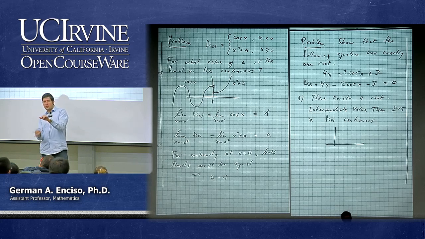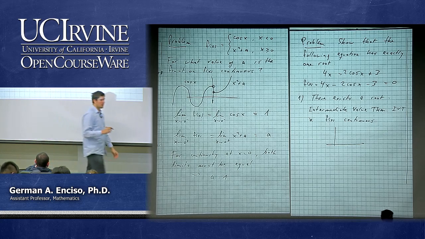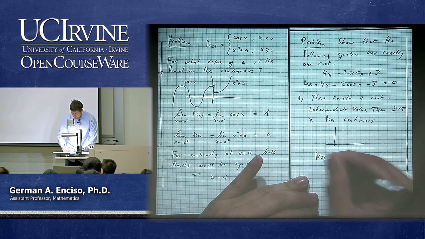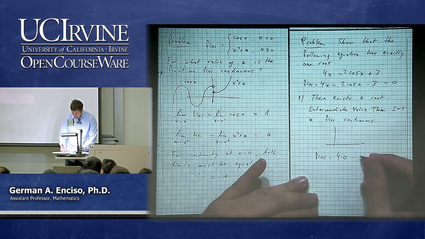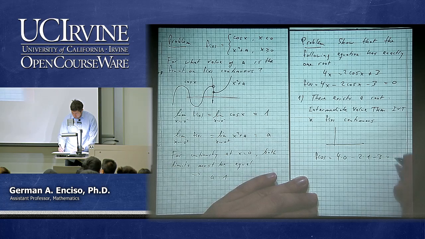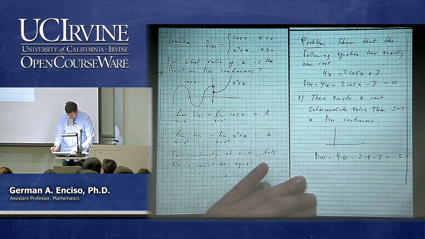If you find 2 points, one where the function is negative, another one where the function is positive, there's got to be some point where the function has value 0. So for example, let's evaluate the function at 0. f of 0 is equal to 4 times 0 minus 2 times 1 minus 3 is equal to minus 5. Which is clearly negative.